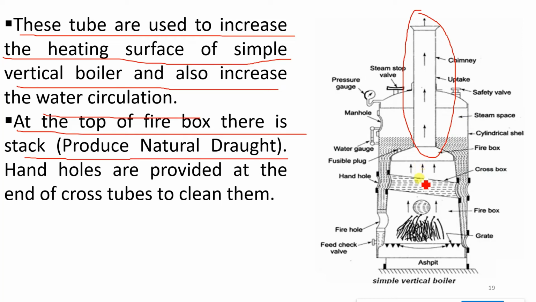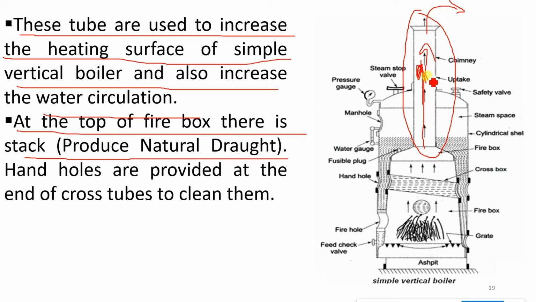Since the flue gas is hot, its density is low, and because of the low density, it moves in the upward direction and finally escapes into the atmosphere. The density of the atmospheric air is high and the density of the flue gas is low. Because of that density difference, flue gas can move upward. In this case, it happens automatically because of the chimney height.